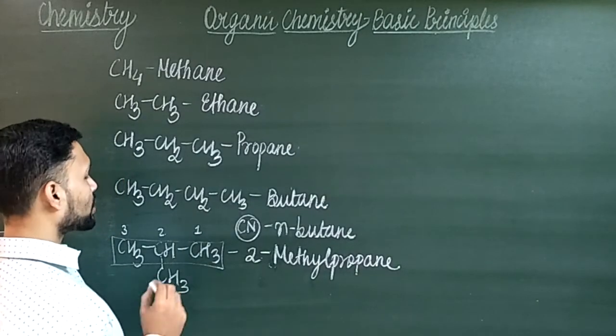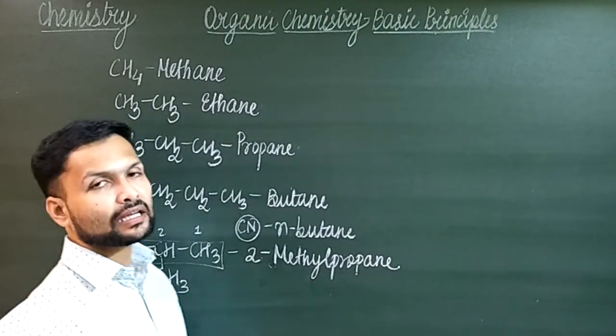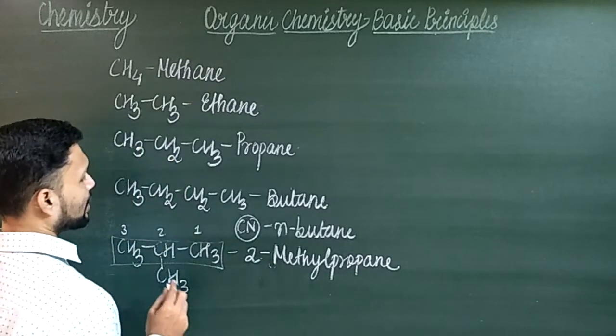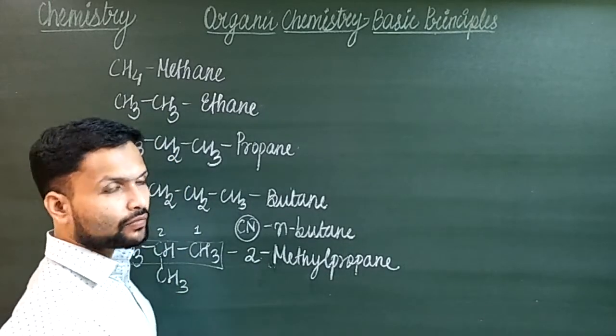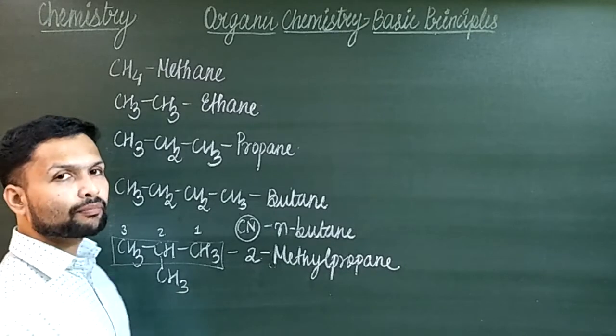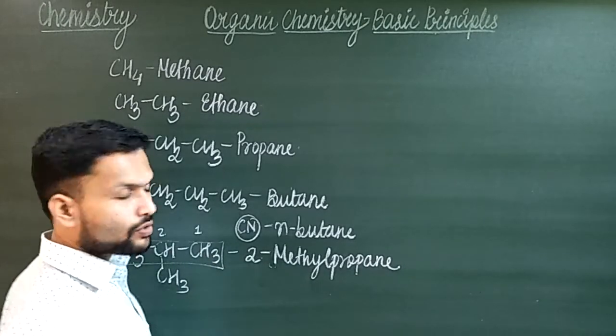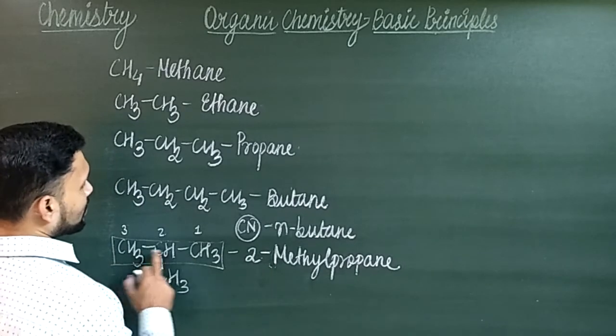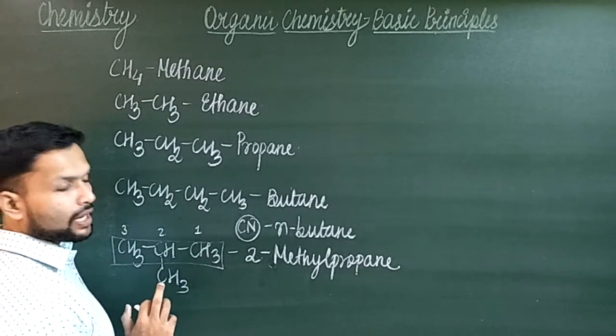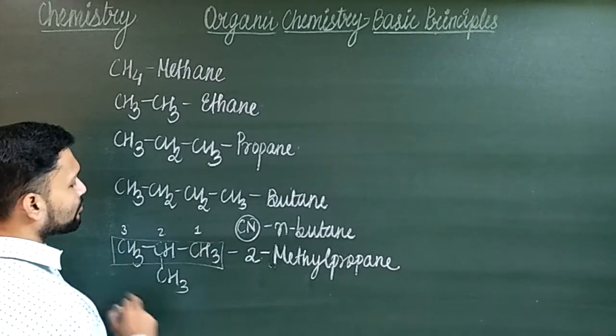And if I want to write the common name, we have studied iso. Iso is a prefix we give to an organic compound where except 1 carbon all are in a straight chain. Here you can see 3 carbons are in a straight chain, only 1 is in a branch, at the second carbon. In common naming we generally use the total number of carbons.